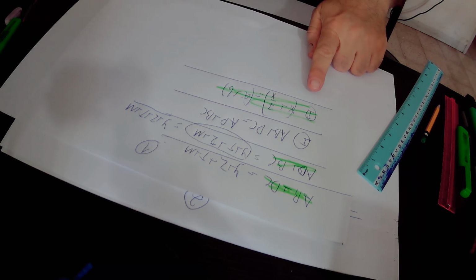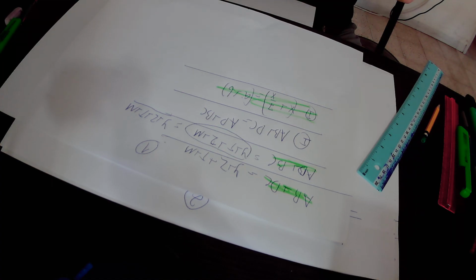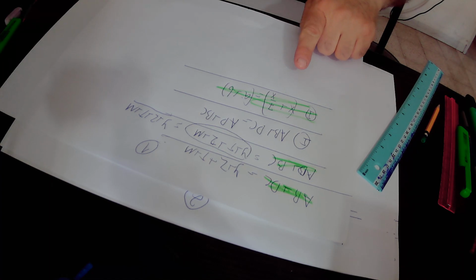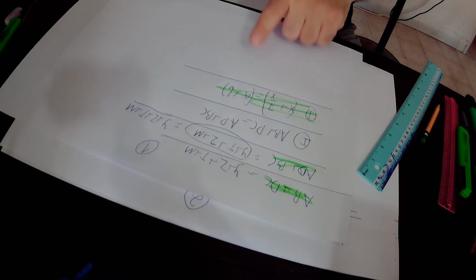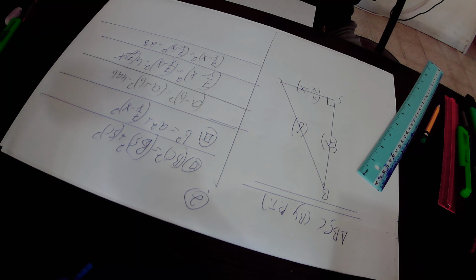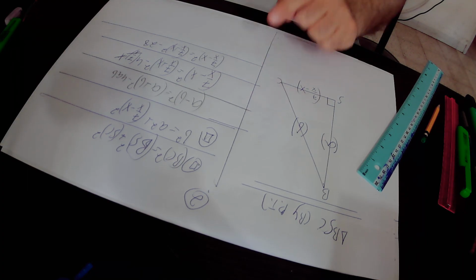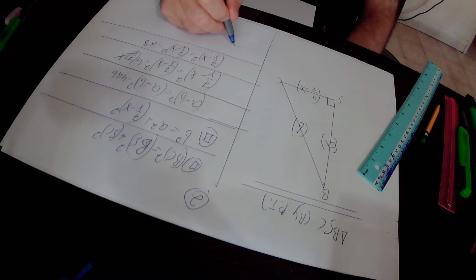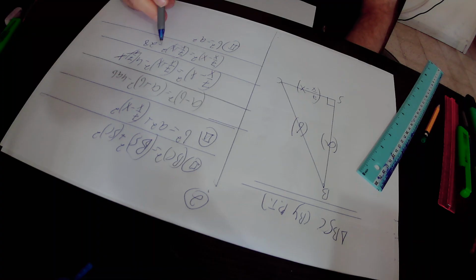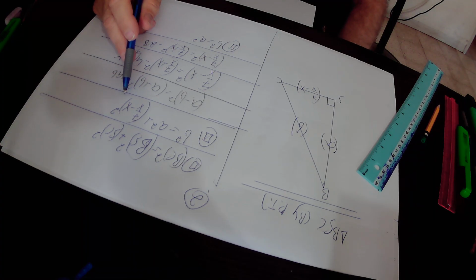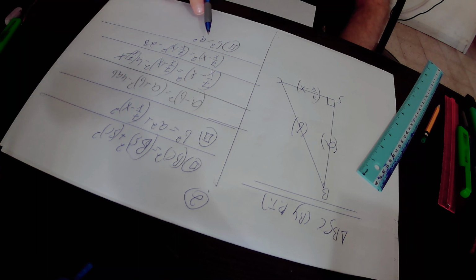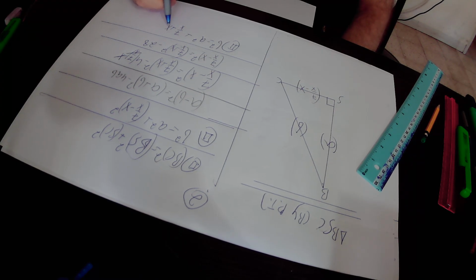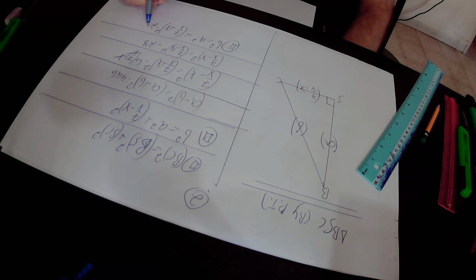Therefore, we can use equation 1 to substitute 7 over x plus x by a plus b. So, in this equation 2, we have b square equals a square, and here (7 over x minus x) square, according to this algebraic identity, equals (7 over x plus x) square minus 28.